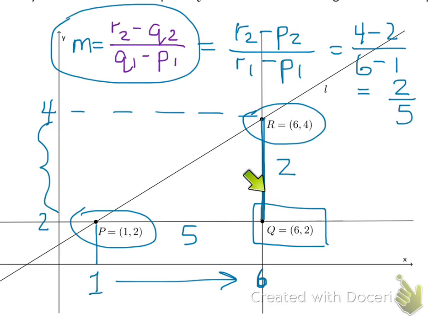How far does the graph rise for a horizontal run? So it's rise over run. Or you can think of it as the difference in the y-coordinates divided by the difference in the x-coordinates. So there's lots of different ways to think about slope. So let's continue calculating slope.